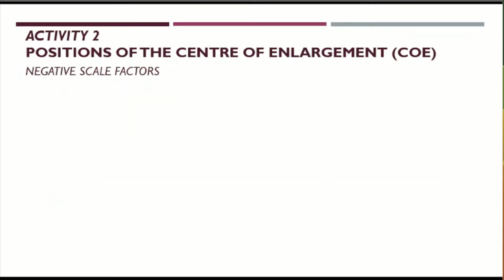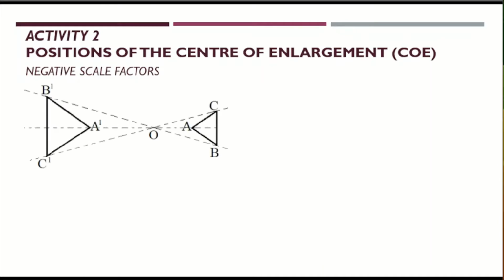Also, in negative scale factors, the center of enlargement can assume various positions. The center of enlargement can be outside the object, as seen in this diagram here, and since it is a negative scale factor, the object and the image are at opposite sides of the center of enlargement.